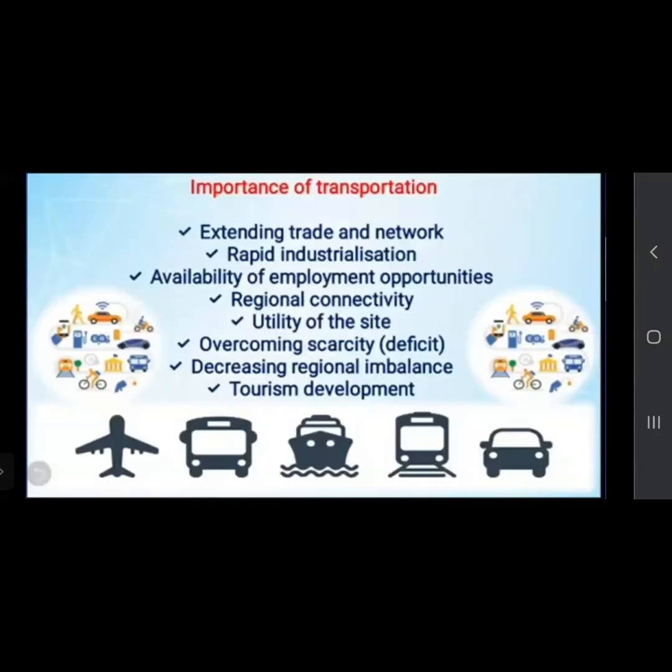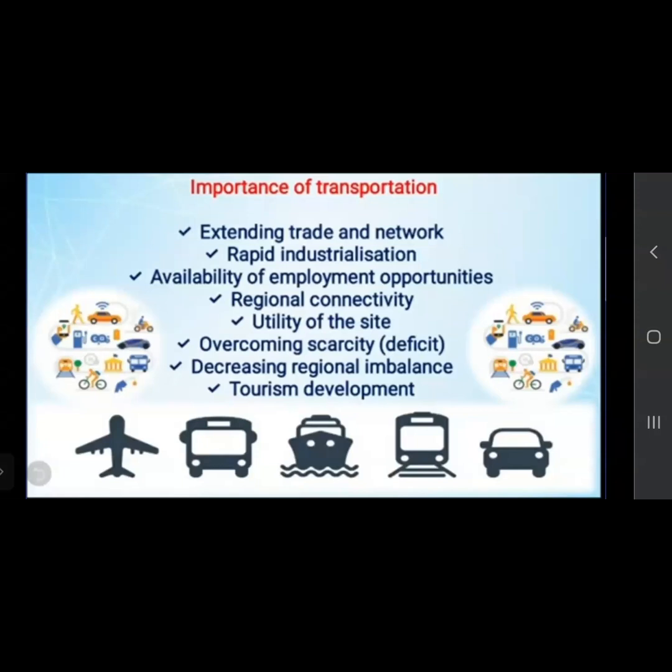Now, importance of transportation. So why is the transportation system important? Extending trade and network. If the trade and network have to be extended, transportation should be good. Rapid industrialization, because of transportation, industrialization takes place. Availability of employment opportunities. Employment opportunities will be made available if the transportation system is very good.